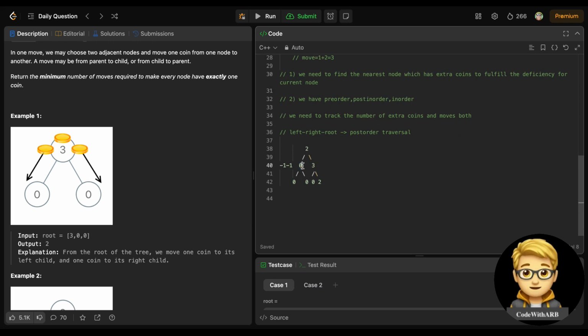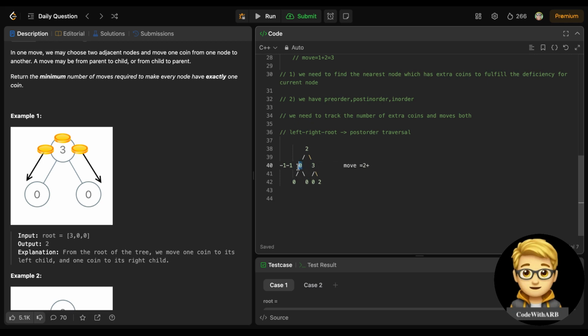Now this parent also has no coins, right? So how many moves do they require to reach this parent? Till this parent they require two moves, from this 0 to this 0, this 0 to this 0. So a total of two moves required, right?